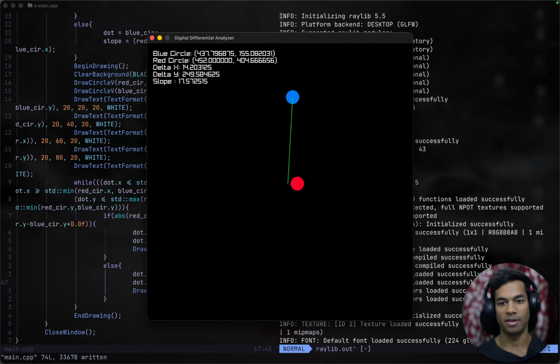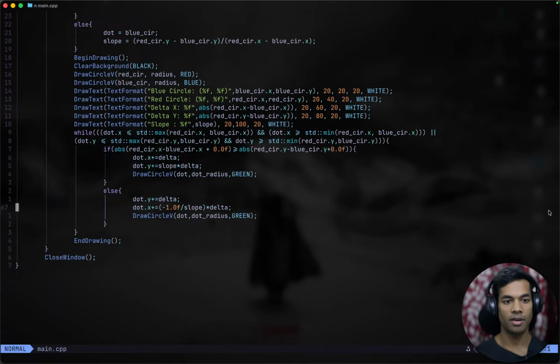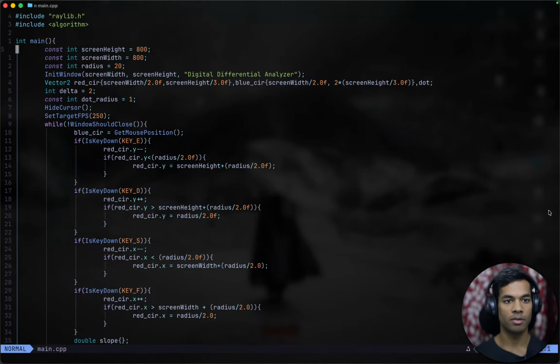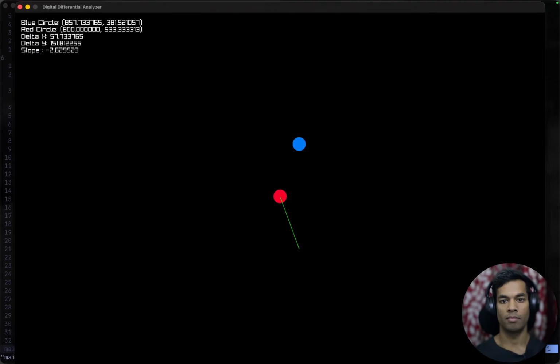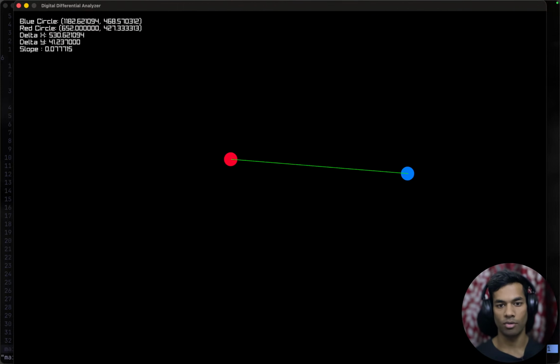Okay, that is kind of better than before, I guess. And let's increase the screen size to 1600. Okay, that is okay. That is cool.